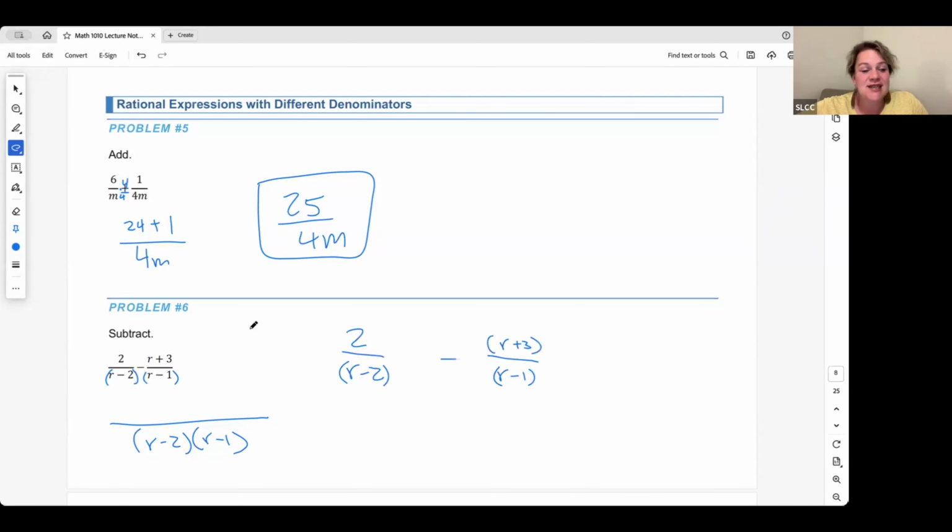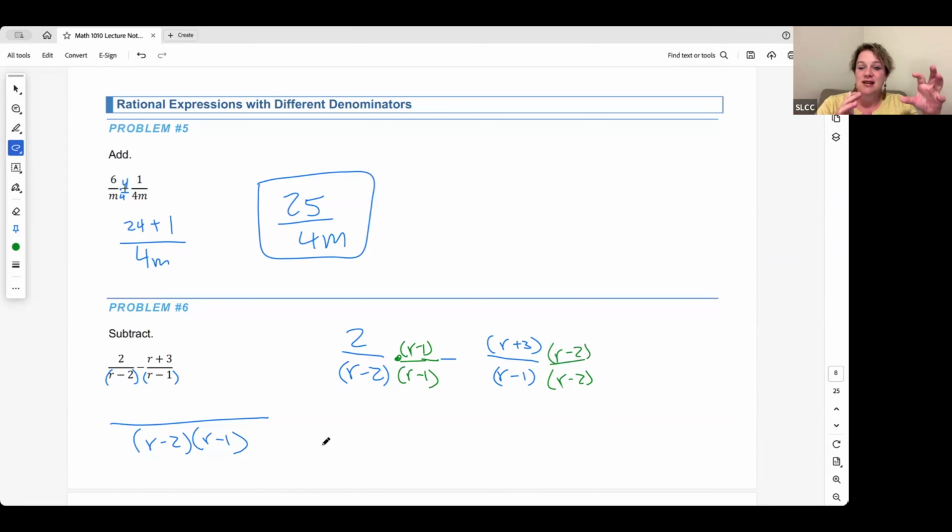All right, now I'm missing an r minus 1. Both of these need to have the same denominator. So I'll multiply by r minus 1. Well, I can't just multiply by r minus 1, but I can multiply by 1. So I multiply by r minus 1 over r minus 1. And then the second term, I'm missing an r minus 2. So I'll multiply by r minus 2 over r minus 2.